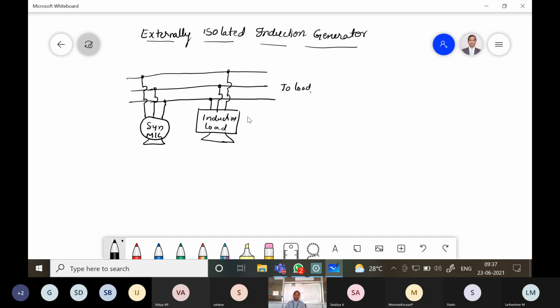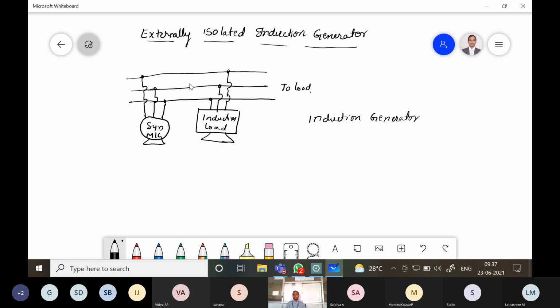It is always connected to an AC supply, and generally it is operated in parallel with the synchronous machine. So here in this case, the induction motor is running as an induction generator, and this is connected externally to the synchronous machine.